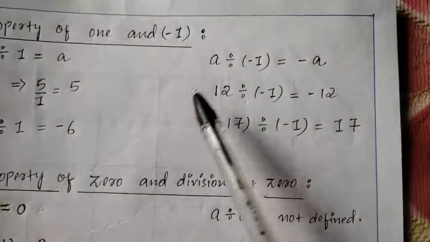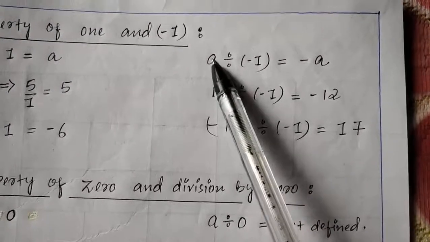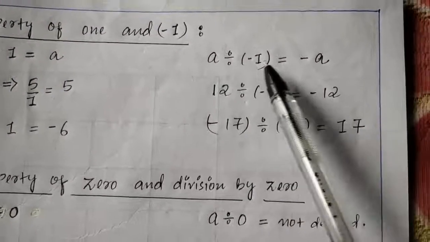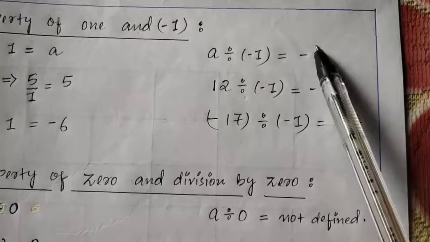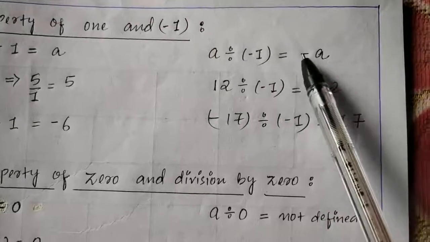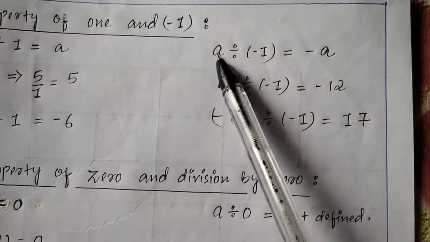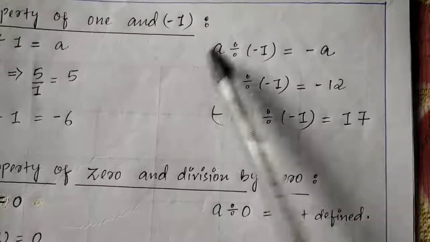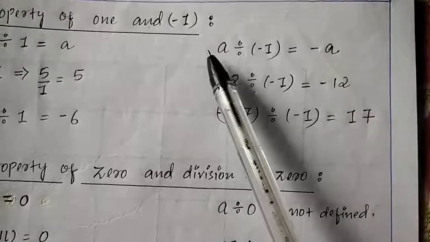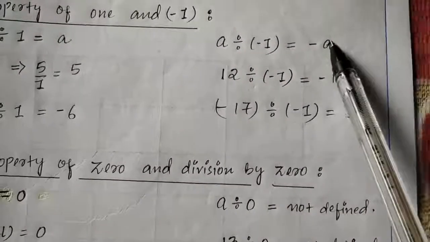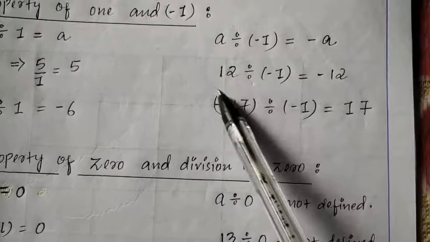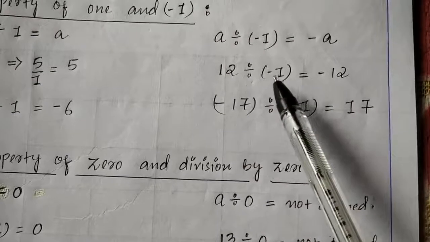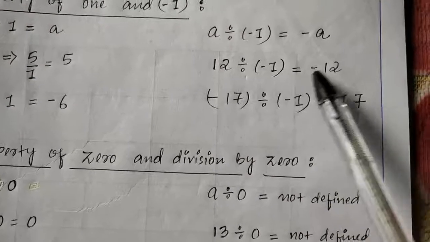Just opposite of it, when we divide any integer by -1, we get the same integer with the sign changed. If it is a positive integer, it will become negative. If it is a negative integer, it will become positive. For example, if 12 is divided by -1, we get -12.